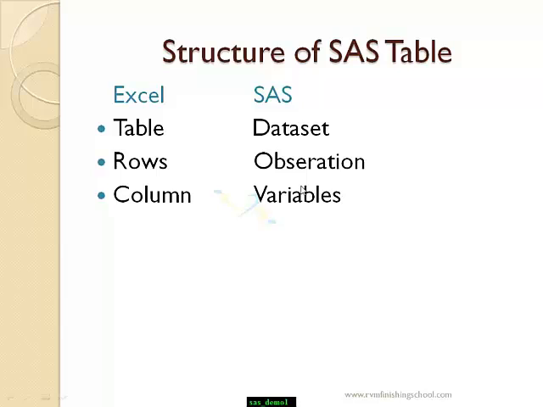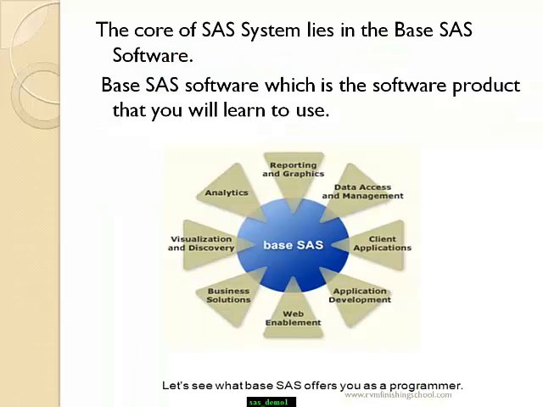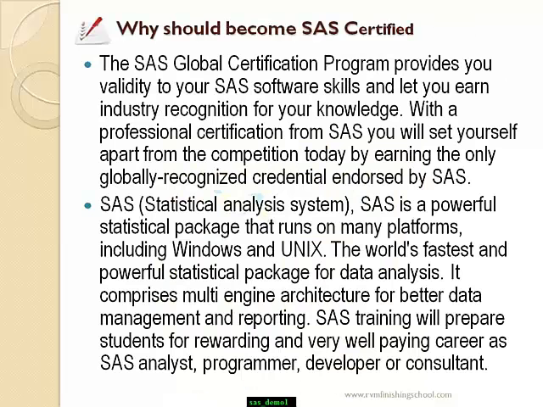So the terminology is different, but otherwise the rest of the structure is the same. Table is data set, row is observation, column is variable in SAS terminology. The core of the SAS system lies in Base SAS software, which is the software product that you will learn to use. So Base SAS is the basic building block of SAS.